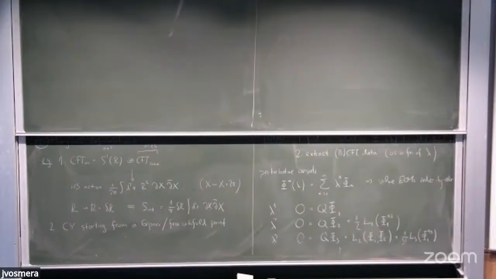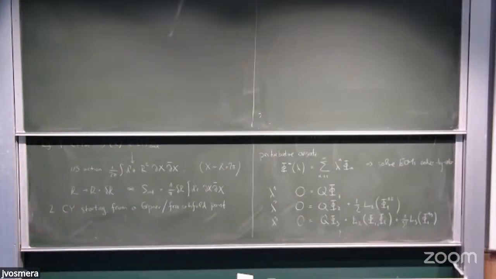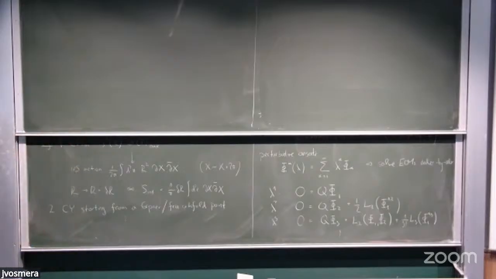So then, in order to change the radius of this compactification, either you can do it by hand, of course, since you know the spectrum and the CFT explicitly for any value of this radius. But you can also consider changing the radius by turning on a particular interaction on the worldsheet.